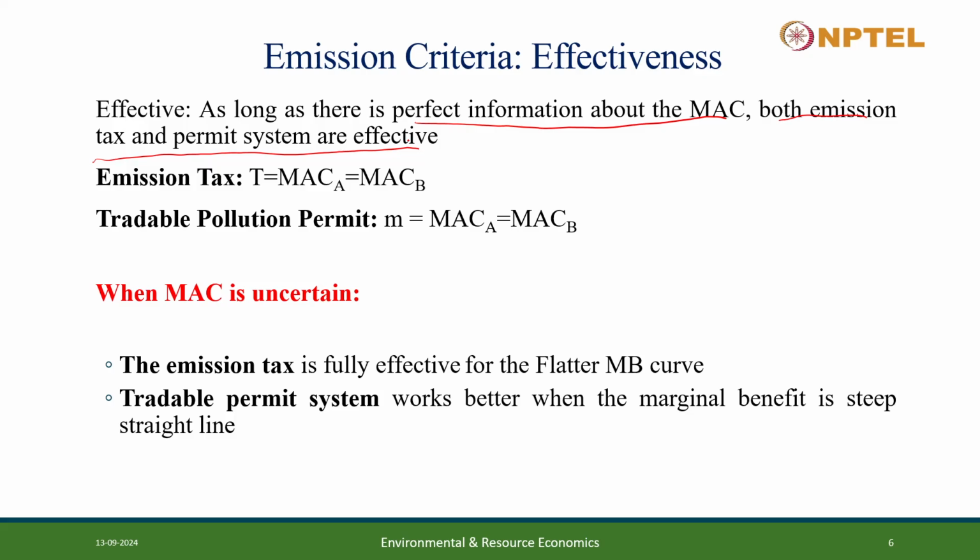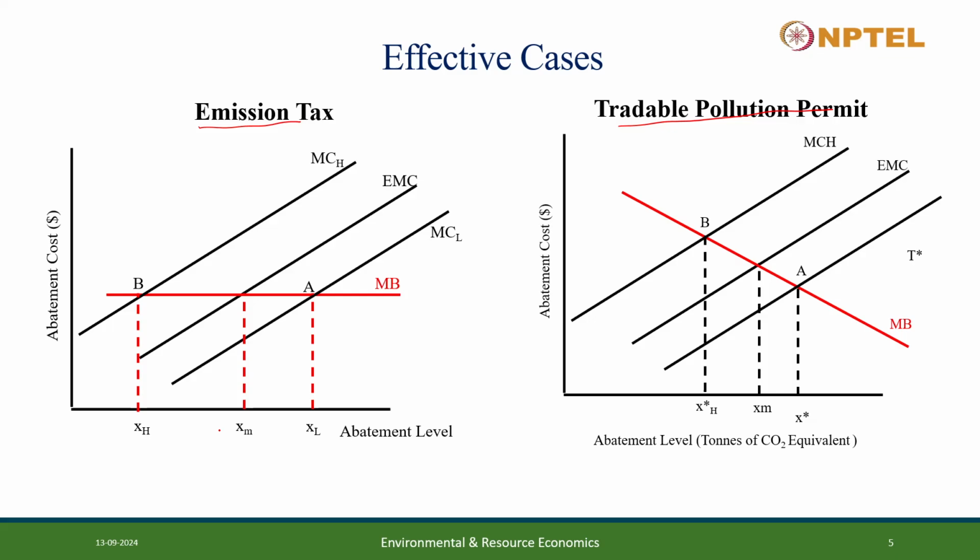So if you know the marginal abatement cost as well as marginal benefit, then the emission tax system is effective and the tradable pollution permit system is effective. It depends on your requirement. However, when the marginal abatement cost curve is uncertain, then emission tax is fully effective for a flatter MB curve, and the tradable pollution permit system works better with a steeper marginal benefit, right? So that is what we have seen here.